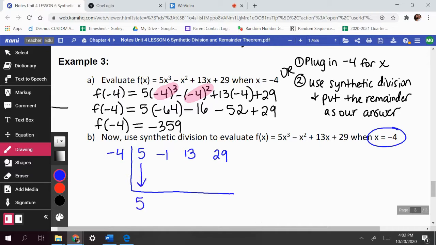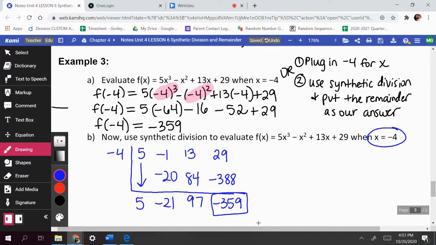We bring the first down, multiply, 5 times negative 4, that's going to be negative 20, add down, multiply, negative 21 times negative 4 is going to end up being, let's see, 84. And then we add down, so we get 97. Then we multiply 97 times negative 4. And that's going to give me negative 388. Okay, which if I add down then, I get negative 359.